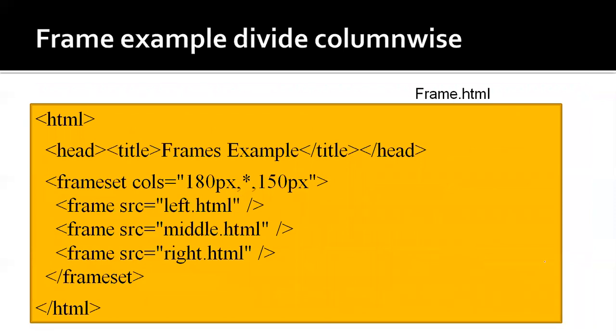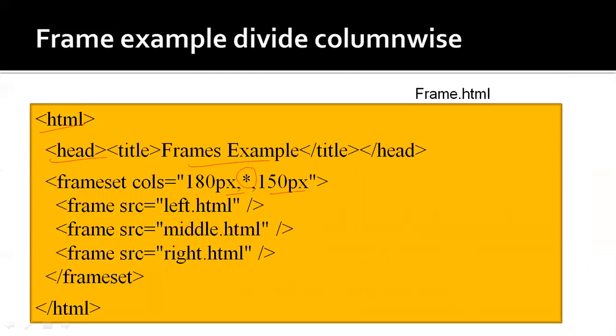Let's see an example of frame. For writing the frame set, we write the HTML, head section, frame example. Frame set cols is equal to 180 pixels, asterisk, 150 pixels.